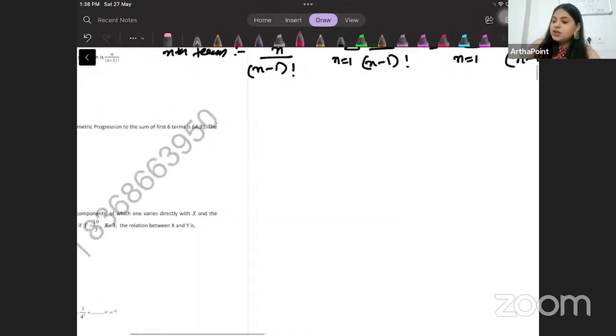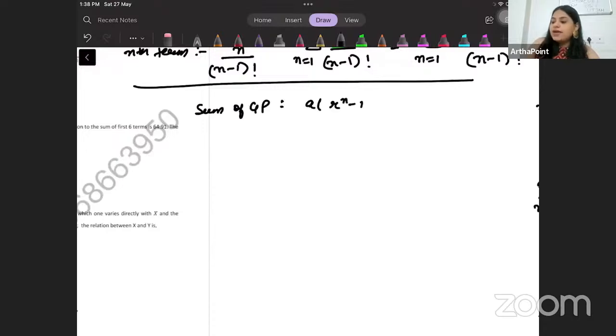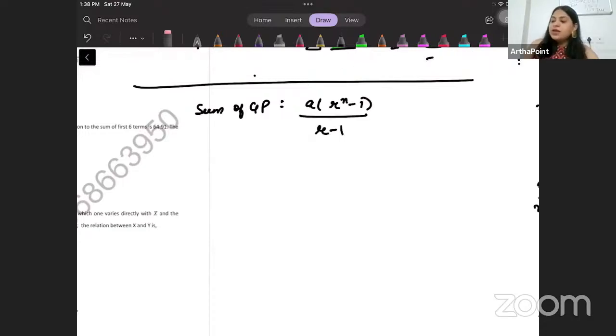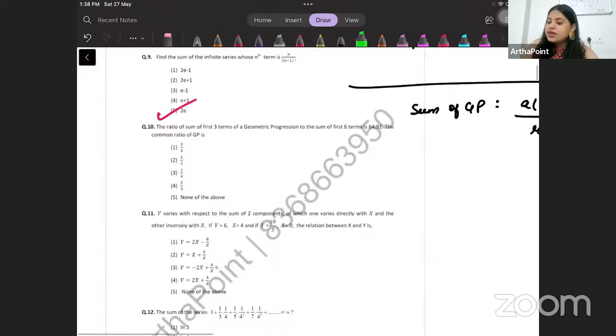So we know that the sum of a GP can be given as a(r^n minus 1) upon r minus 1. This is how we go ahead and write the sum of a GP. Now, it says the ratio of the first 3 terms of a GP to the first 6 terms, right? Sum of first 3 terms.